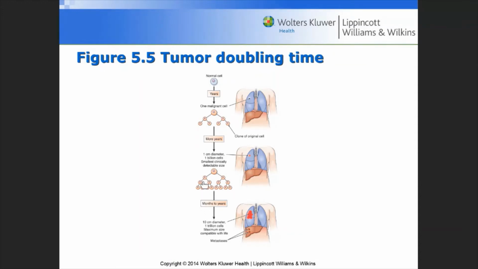This is heterogeneity, not homogeneity. By the time you get a tumor size, it's multiple clones, constantly changing, so no longer homogeneity, but heterogeneity.